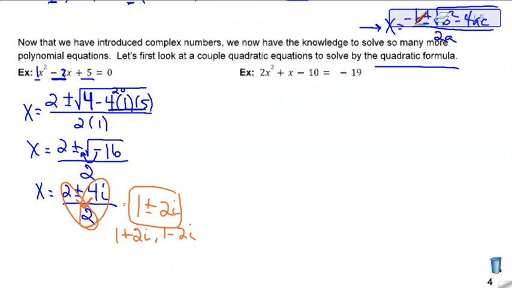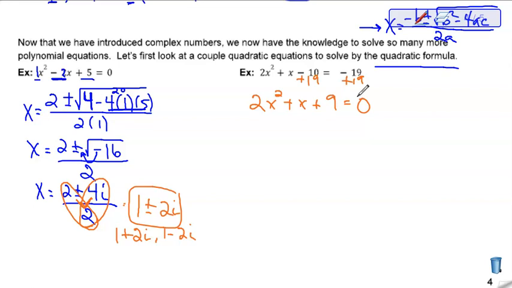Okay? Now, the next quadratic is good, except it's not equal to 0. So the first thing I want to do is add that 19 over to both sides. So I get 2x squared plus x plus 9 equals 0. Now, again, you can try to factor this polynomial, but no matter how you try to factor it, it will not factor.